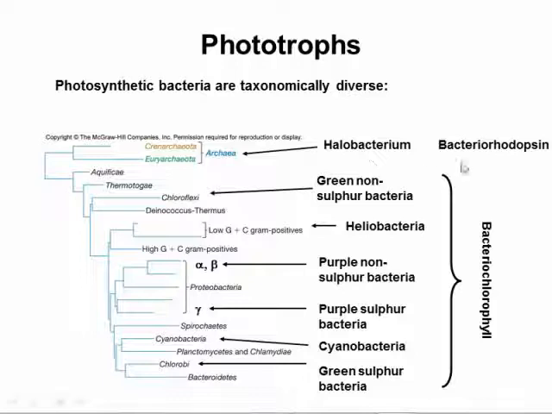So because you've got two different chemical systems, bacterial rhodopsin and bacterial chlorophyll seem to have evolved independently. However, bacterial chlorophyll seems to have evolved once, but look at this. You don't have any phylogenetic clustering of these photosynthetic bacteria.